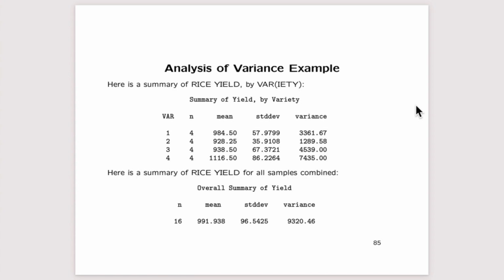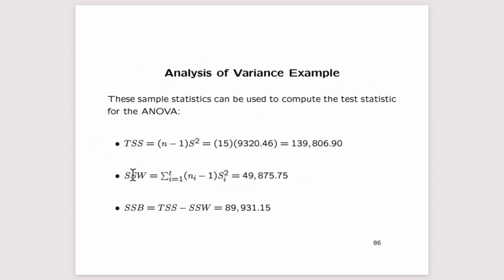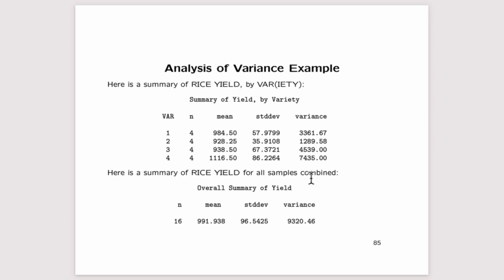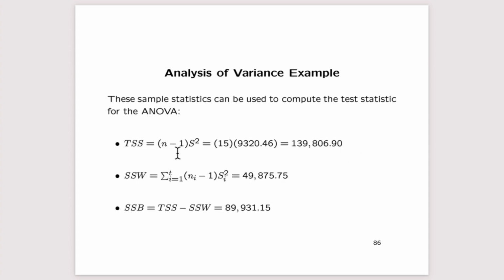We took these summary statistics and used them to calculate the total sum of squares, which we obtained very easily. Then we calculated the sum of squares within, again obtained very easily from the data given in that summary. And once we had those two, we obtained the sum of squares between by subtraction: the total sum of squares minus the sum of squares within.